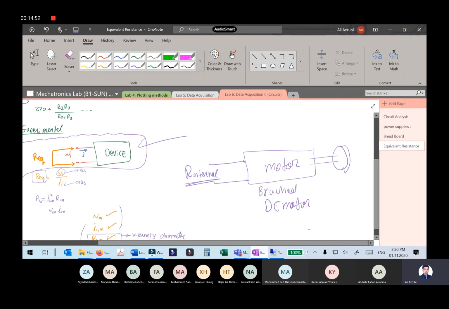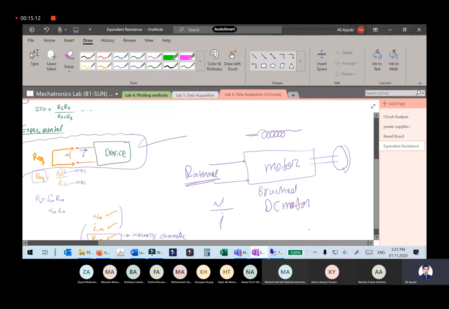This is one good method to find the internal resistance of the motor, which is the resistance of the coil inside the motor, by applying a known voltage and measuring the current. Then V over I is your R.